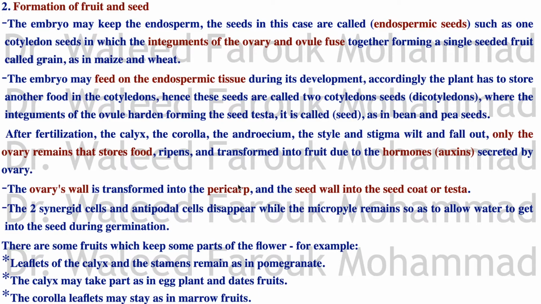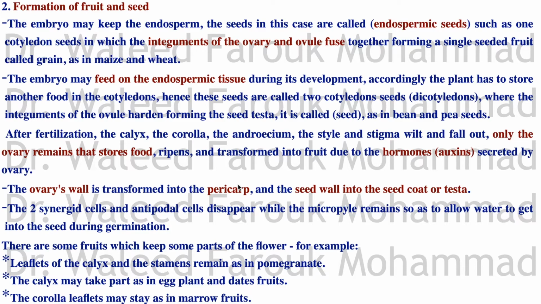There are some fruits which keep some parts of the flower. For example, leaflets and calyx are spared in pomegranates. The calyx may take part as in eggplant, the green part at the top of the eggplant, and in dates also.